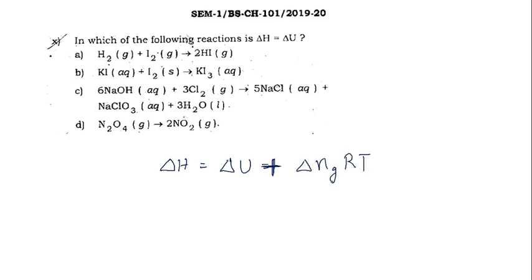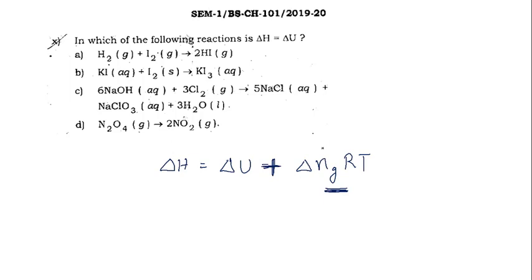What is delta Ng? Delta means the change, n is the number of moles, so it is the change in number of moles of gaseous products.